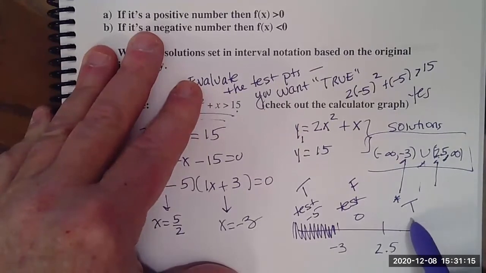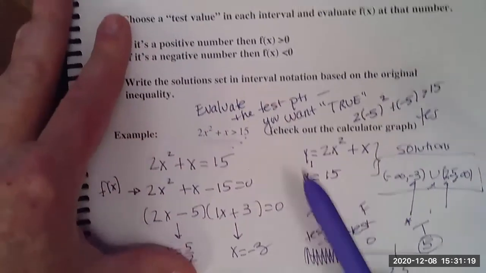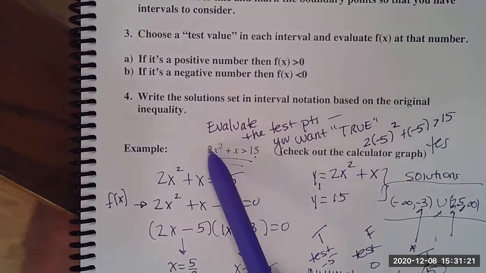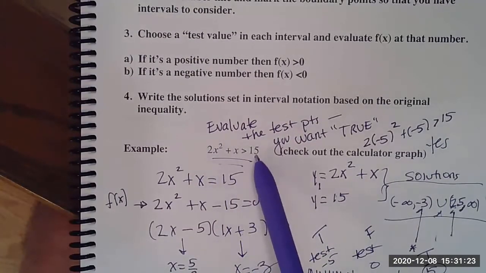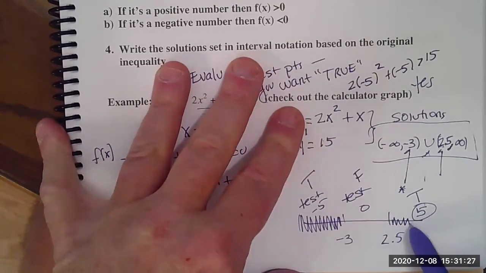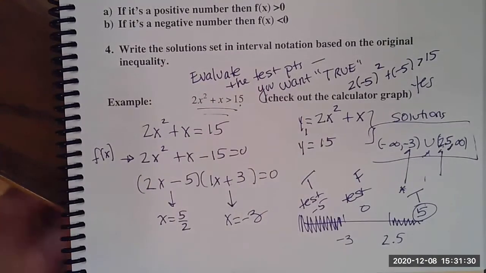So if you try +5 as your test point, you put 5 right back in here, that would be 55, which is bigger than 15, and that's true. So the author goes through an algebraic and graphical representation that way, rather than graphing the 2 pieces and seeing whether something is above or below the other part.